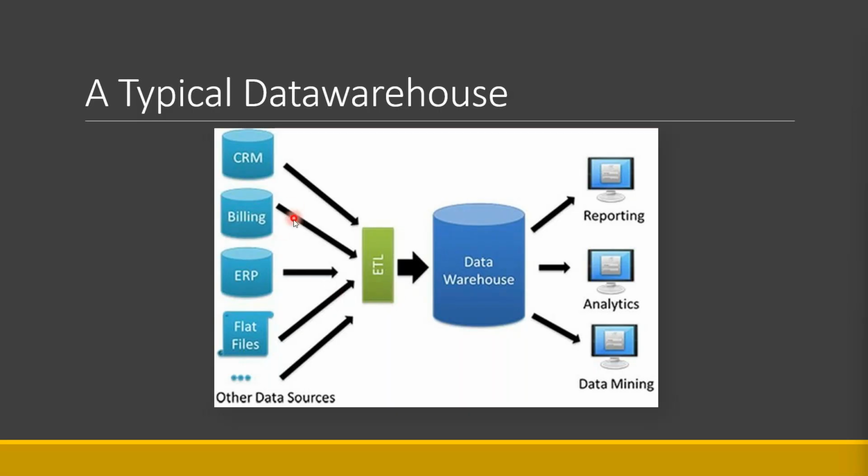So source to landing zone is one type of testing we have to perform. Landing to staging is another type of testing that we have to perform. Staging to data warehouse involves fact and dimension tables. So fact table and dimension tables are nothing but the data warehouse.